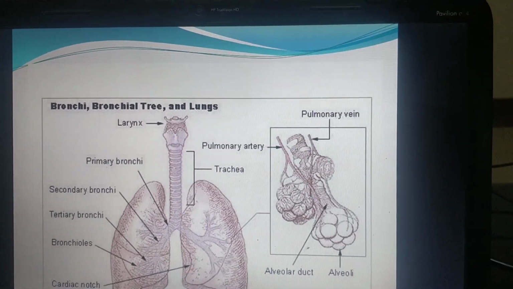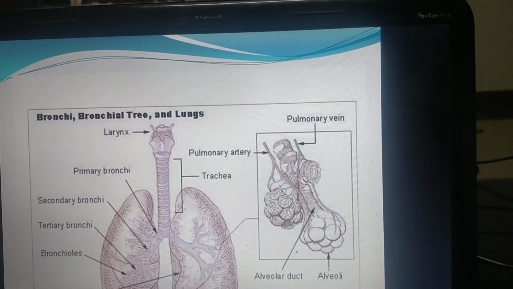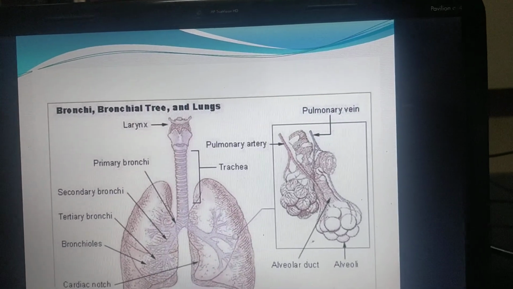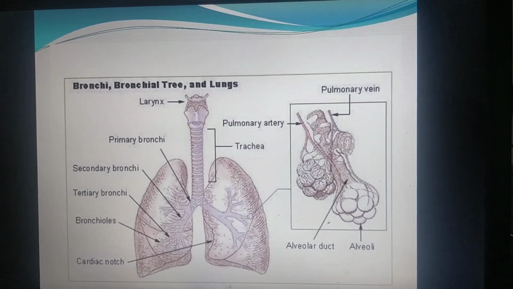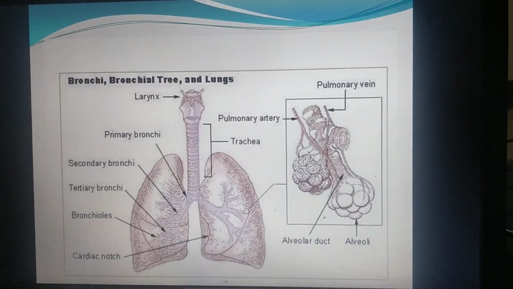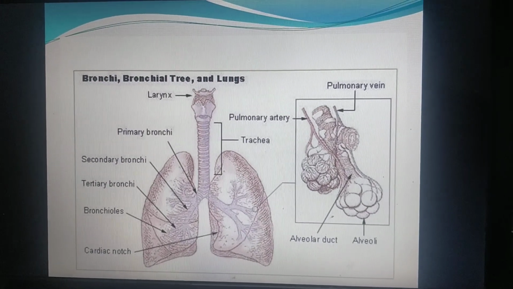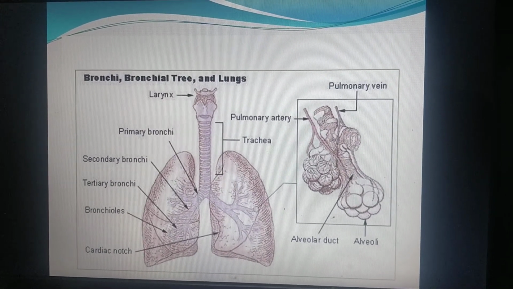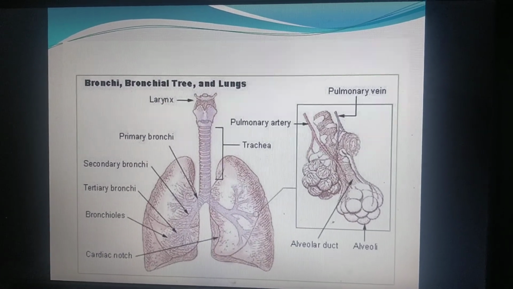What happens in the tissues? In the tissues there is a lot of metabolic activity. Carbon dioxide is more and oxygen is less. So just like in the lungs, in the tissues also exchange of gases occurs, where carbon dioxide diffuses into the blood and oxygen diffuses into the tissues from the blood.